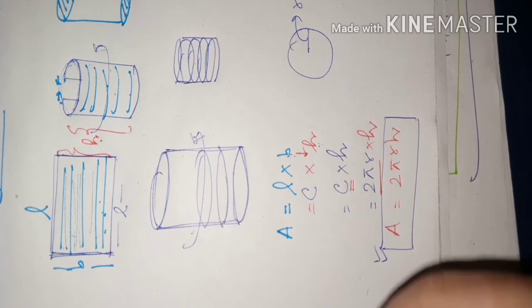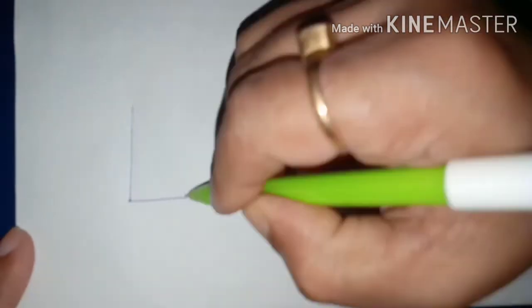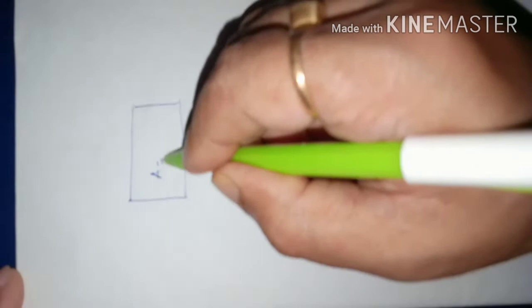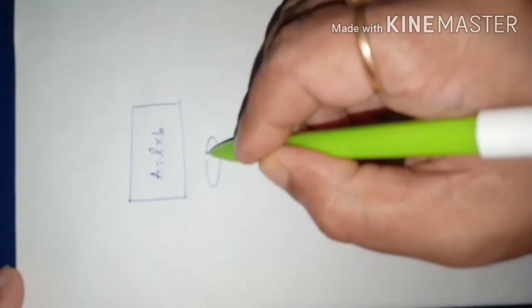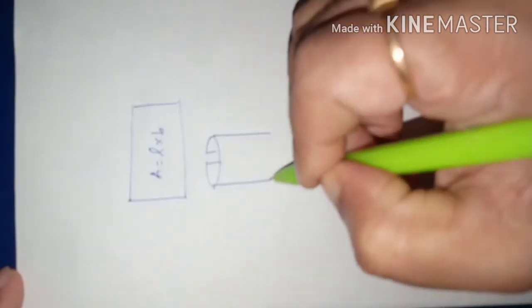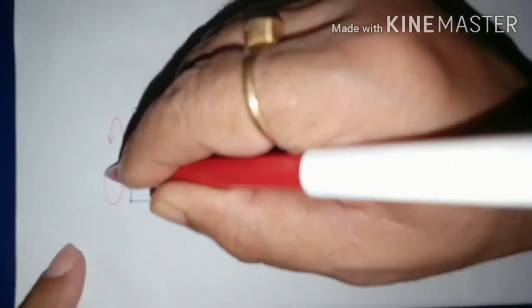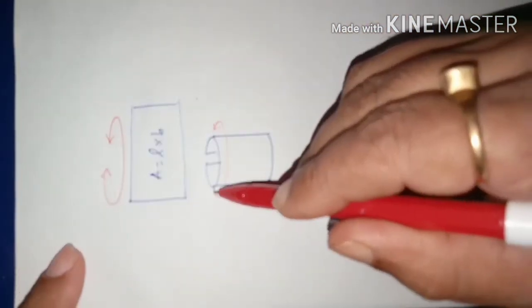Now think about the total surface area of a cylinder. So this is the rectangle. Its area is length into breadth. When we roll it this way, then it will get this shape.